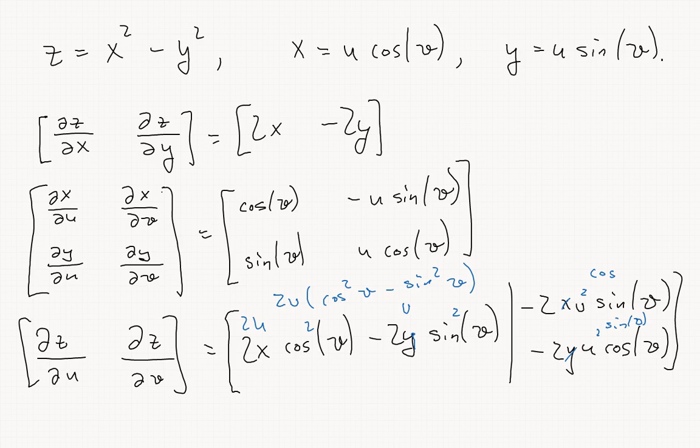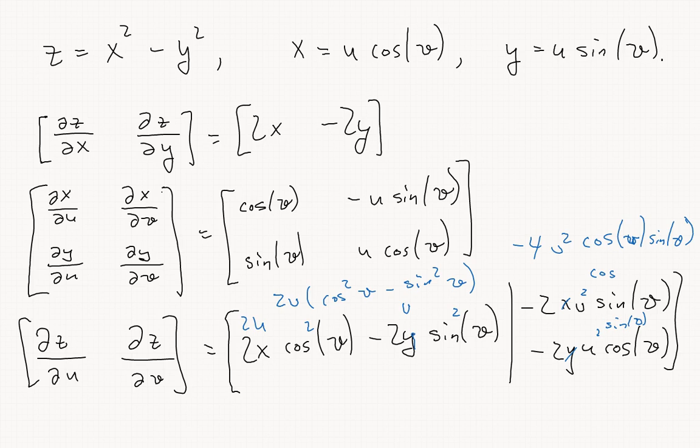So we'll get, this will become negative 2u squared cos v sine v. I'm sorry, it should be negative 4 since we've got two of them. Okay, so negative 4u squared cos v sine v.